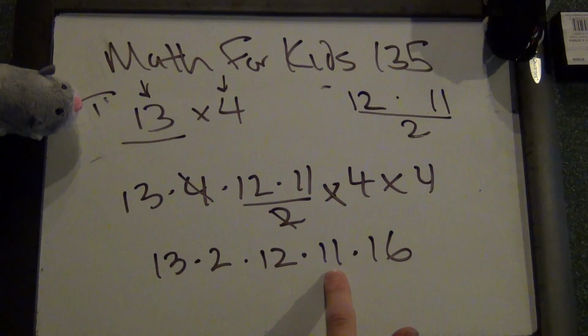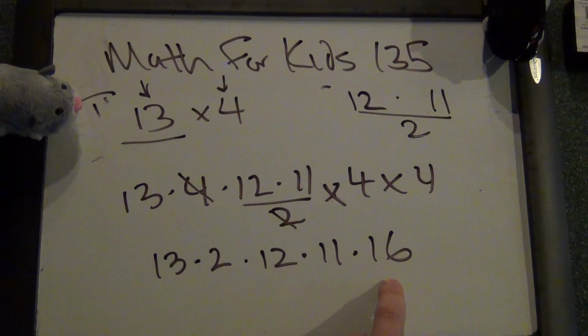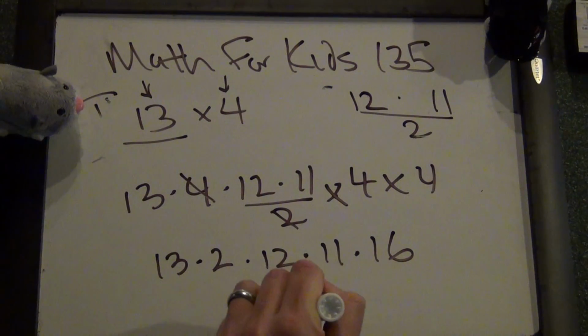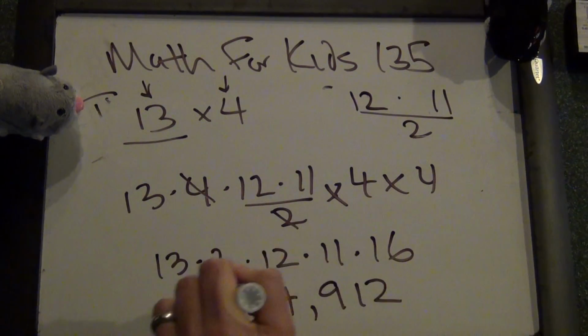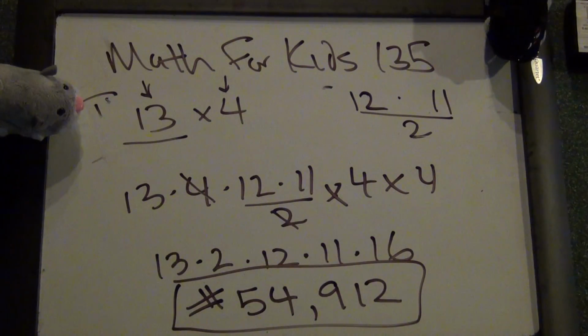What is 312 times 11? 3,432. Okay, and finally, on your calculator, what is 3,432 times 16? 54,912. Okay. So that's the number of different ways you can get a 3 of a kind.